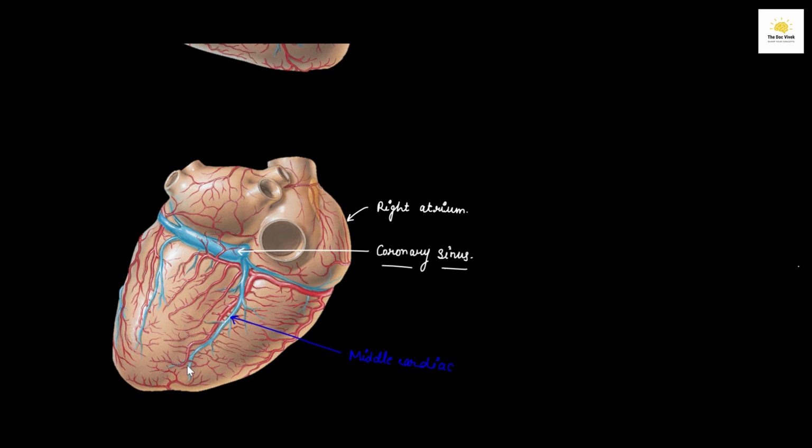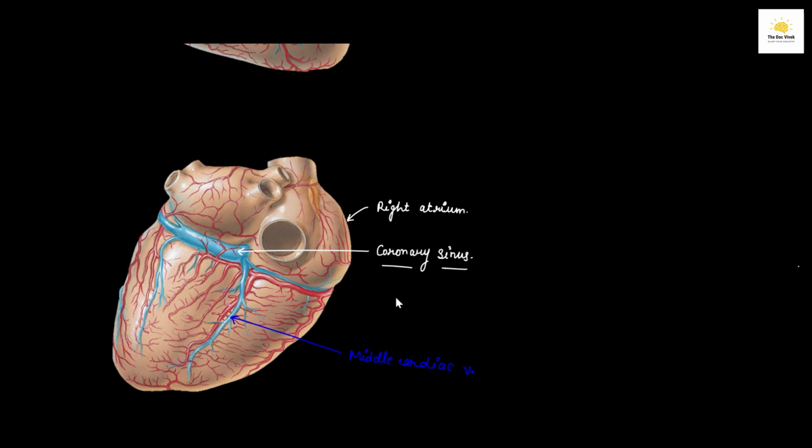This vein rises up in the posterior interventricular sulcus and falls into the coronary sinus over here, and it receives blood from the part of the heart adjoining the posterior interventricular sulcus. So it will receive blood from these parts. This was the middle cardiac vein.